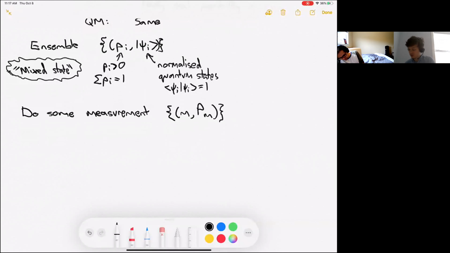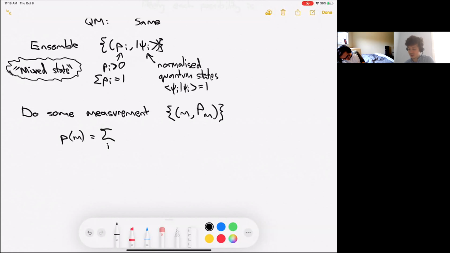And the rule for a pure state, for an ordinary quantum state, is that the probability of getting m is <psi|P_m|psi>. But in this case, we don't know what the quantum state is. So we want to know the average probability of getting m over all the states. How do we do that? Well, we know the rules for dealing with conditional probabilities.